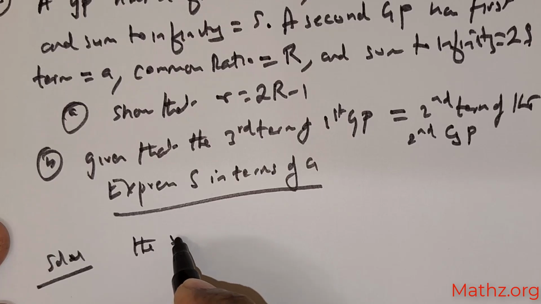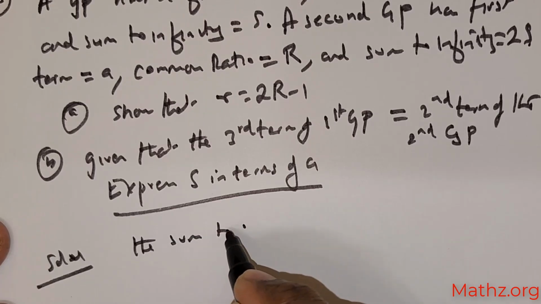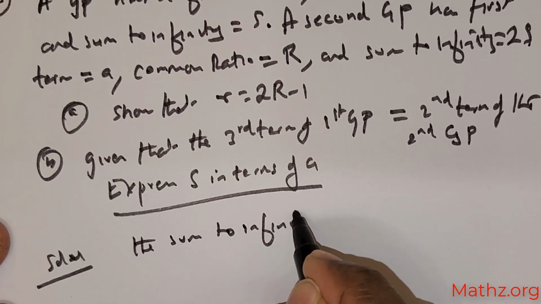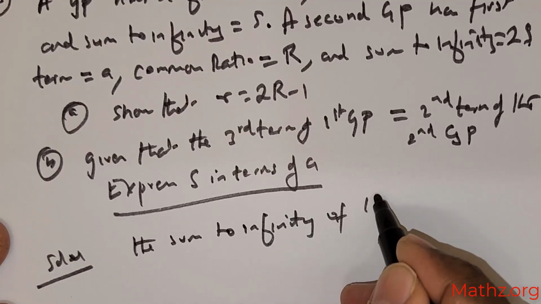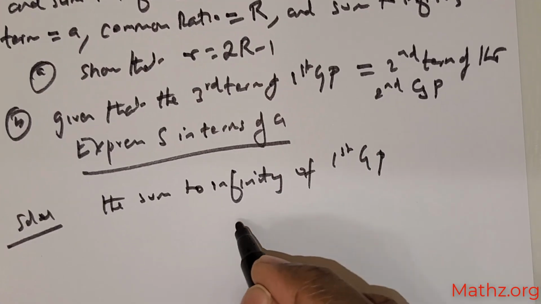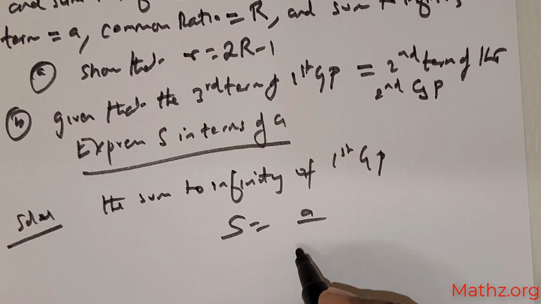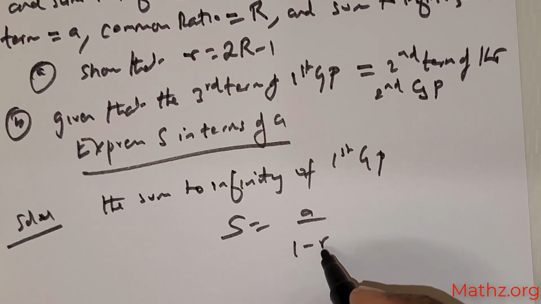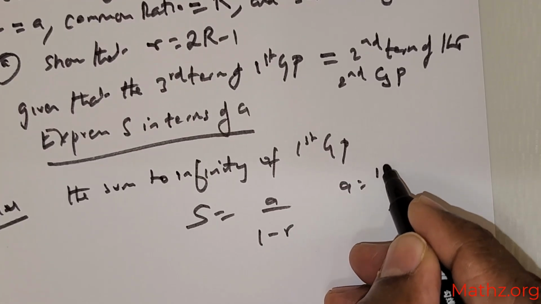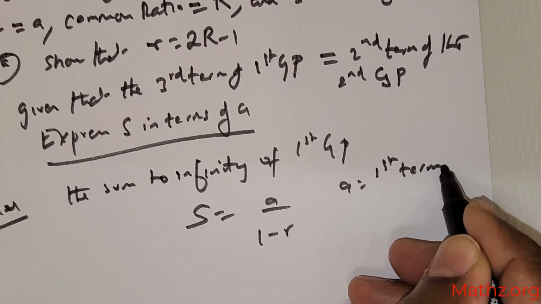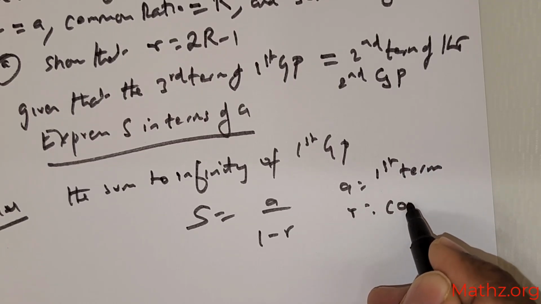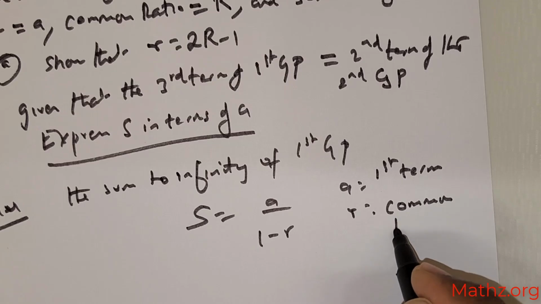Now the sum to infinity of the first GP is given by the formula s is equal to a over 1 minus r. So a is the first term and r is the common ratio.